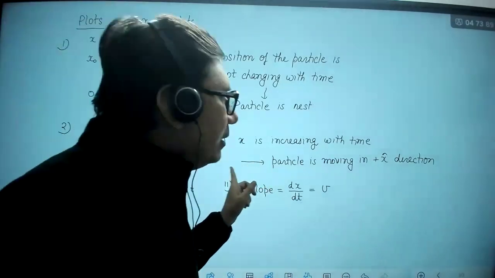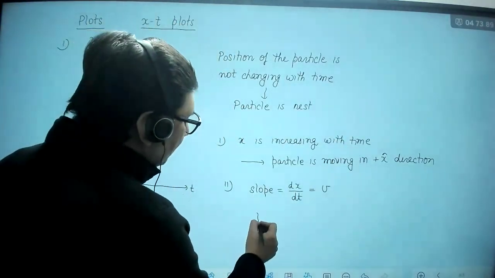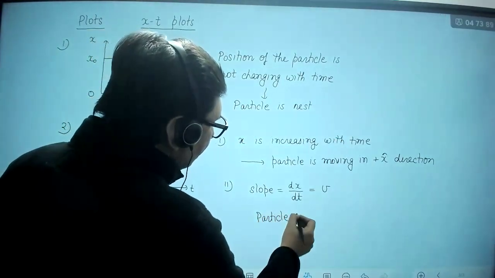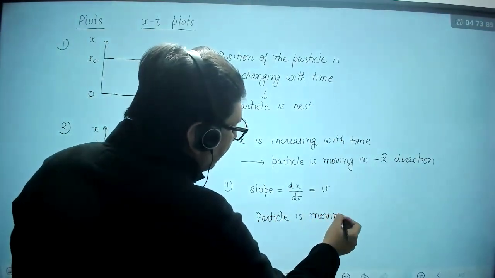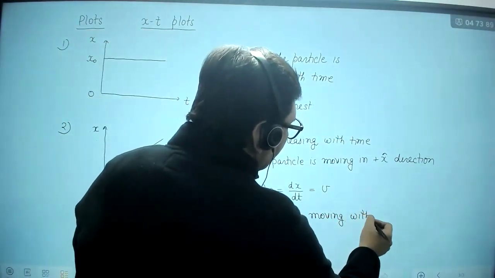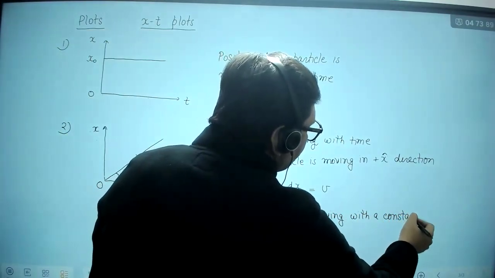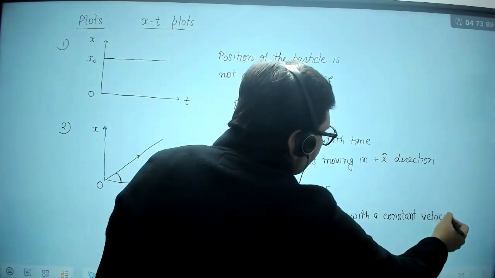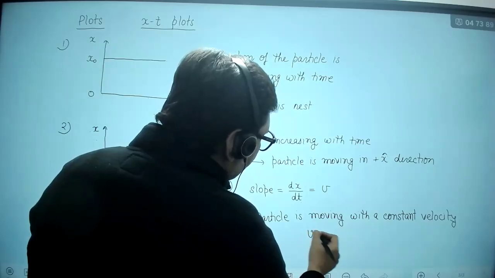Second, the particle is moving continuously in plus x direction. It means the particle is moving with a constant velocity, v is constant.